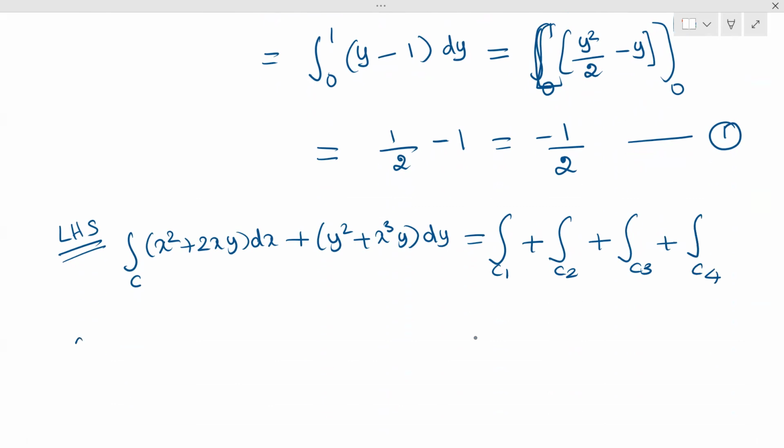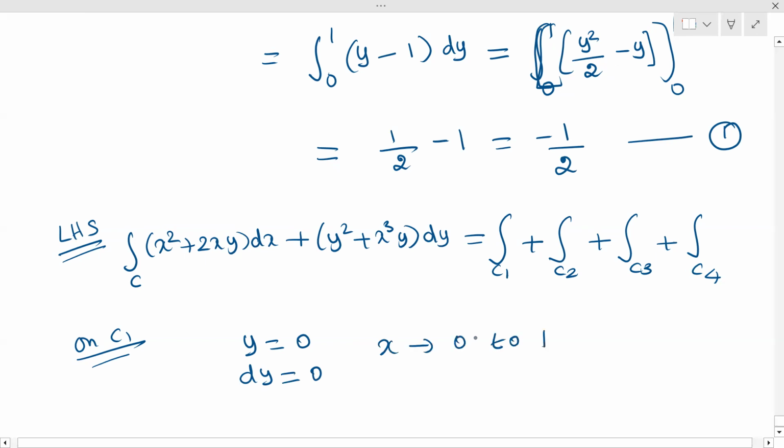First, on C1. On C1, C1 is nothing but the x-axis. So here the x-axis, the equation is y equal to 0 and dy equal to 0. And x limit varies from 0 to 1. So here we have to put y equal to 0 and dy is 0.